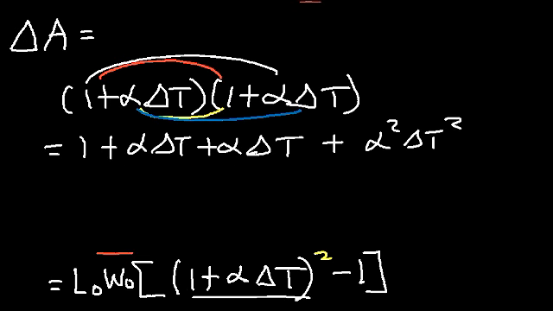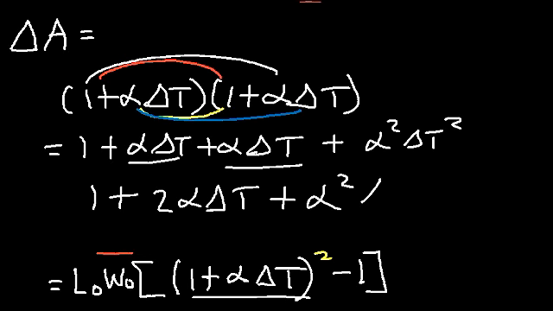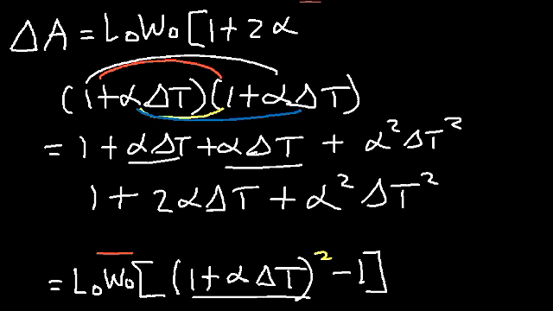Now keep in mind, we can add these two terms, so it's really 1 plus 2 alpha delta T plus alpha squared delta T squared. So the change in area is equal to the original length times the original width, and then 1 plus 2 alpha delta T plus alpha squared delta T squared.